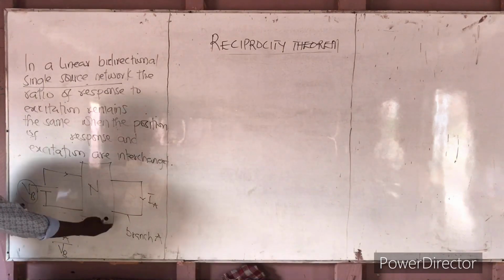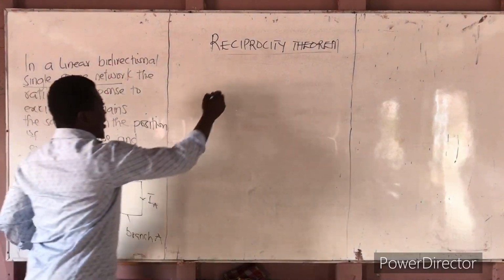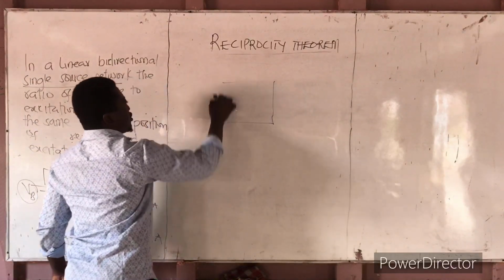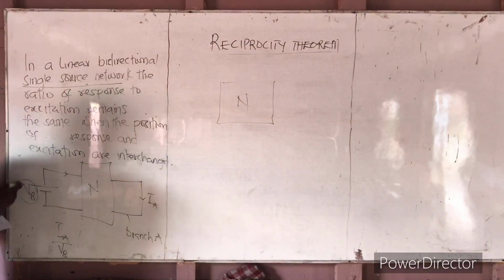So meaning if we exchange the source, it is the same network, but they've decided to change the value of the battery.